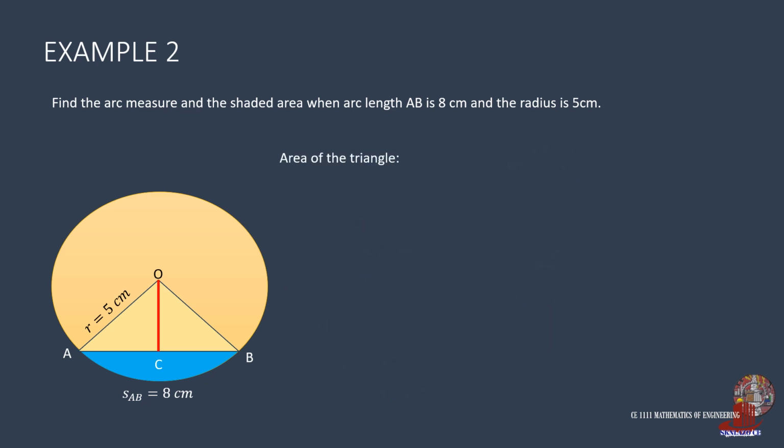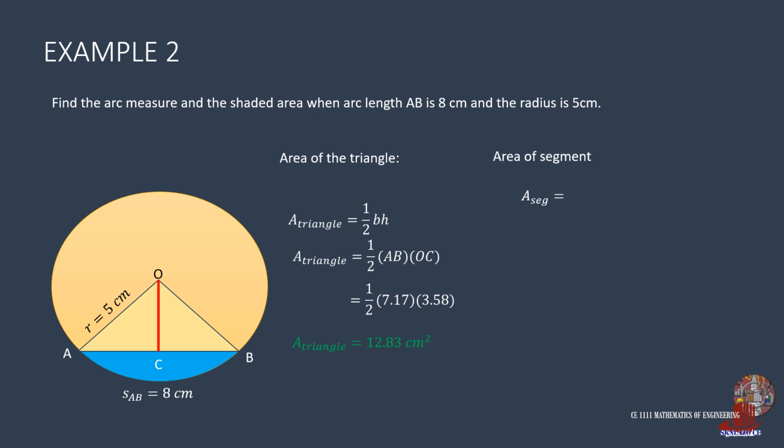Next is to solve the area of the triangle included from half of B times H, or using the points in the circle, the area of the triangle is half of AB times OC, which is half of 7.17 times 3.58, giving the area of the triangle as 12.83 square cm. Finally, the area of the segment is computed from the difference of the sector and the triangle. That is 20 minus 12.83, resulting to 7.17 square cm.